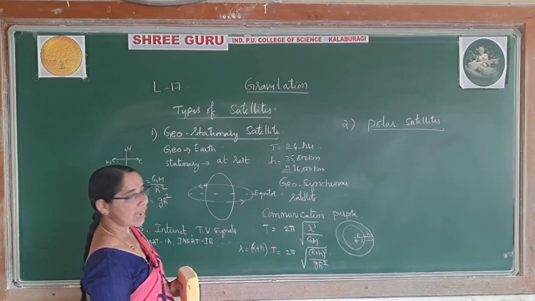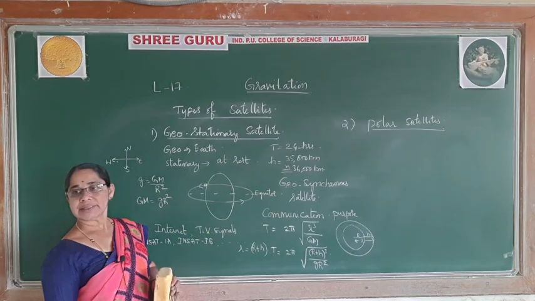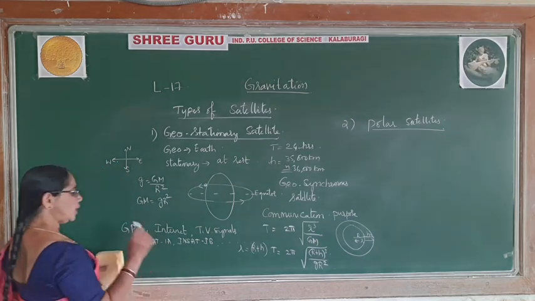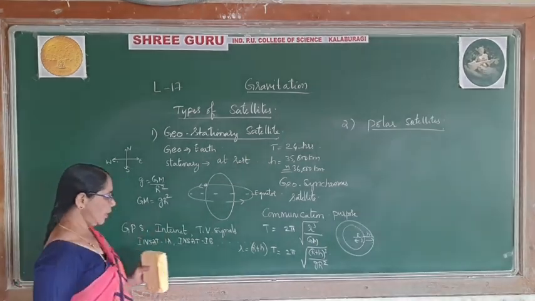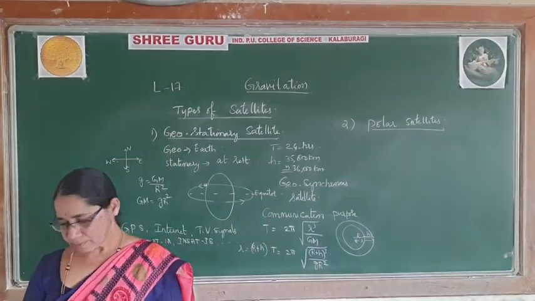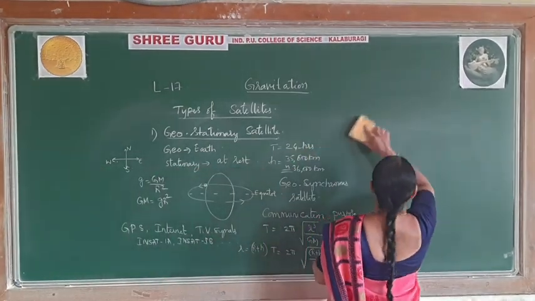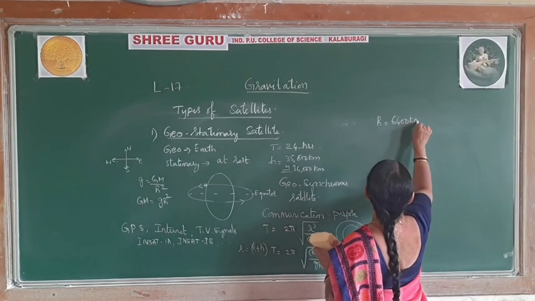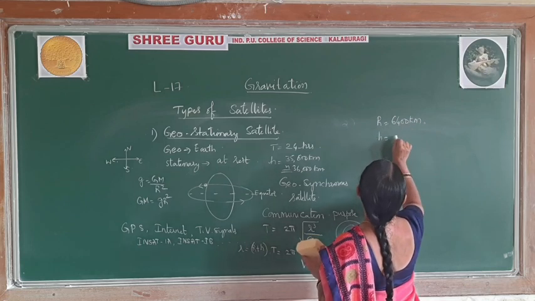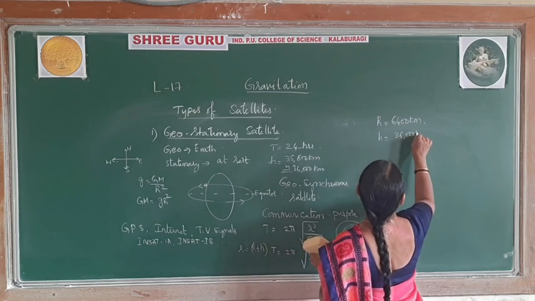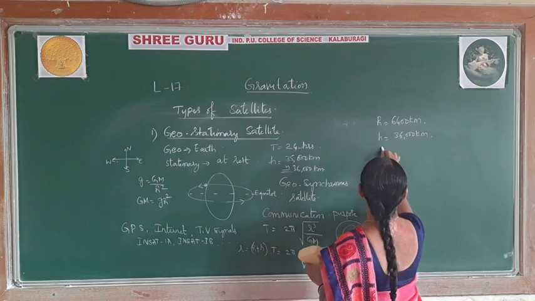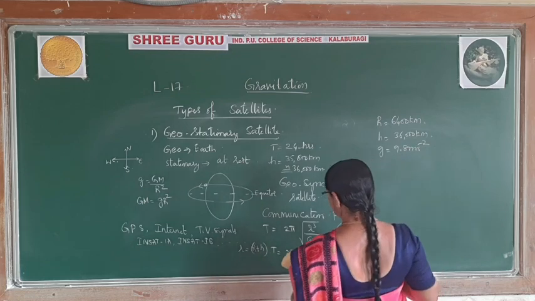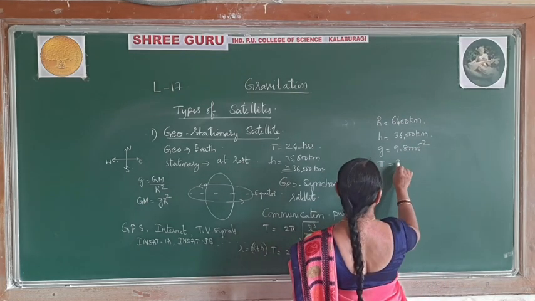You already know r is the radius of the earth, which is equal to 6400 kilometer, h is 36,000 kilometer, small g is equal to 9.8 meters per second square, and pi is equal to 3.14.